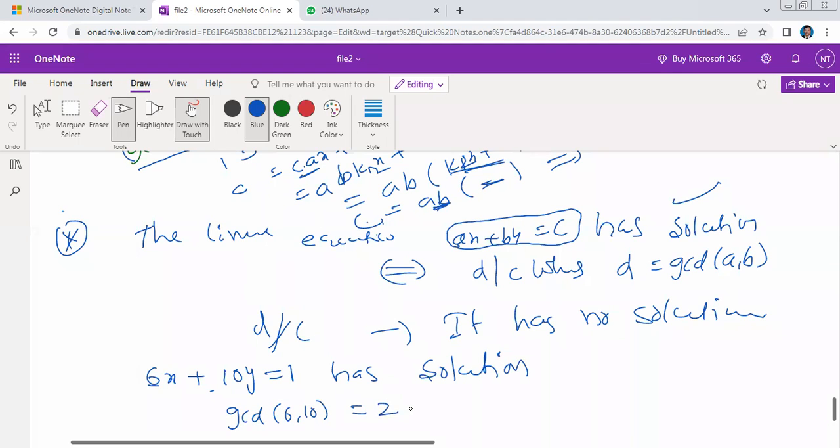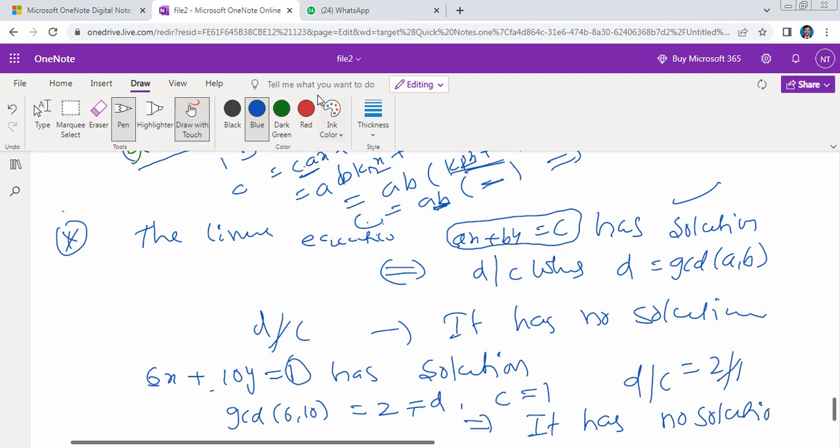What is the C value here? C is equal to 1. According to our rule, D divides C. That means 2 divides 1. Does 2 divide 1? No, sir. 1 is not divisible by 2. So 2 does not divide 1, so it has no solution.